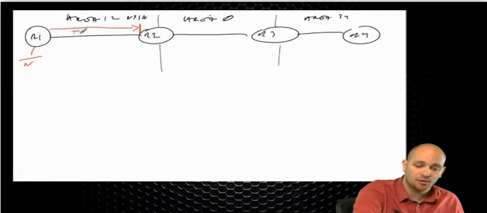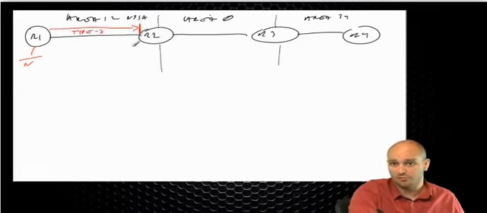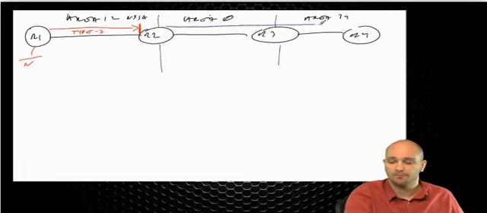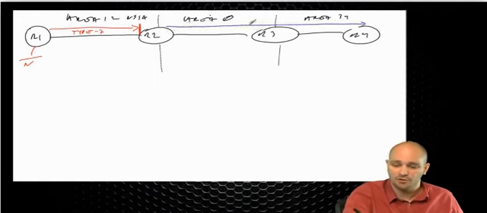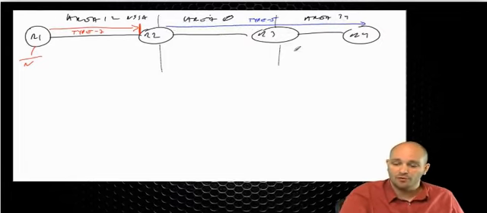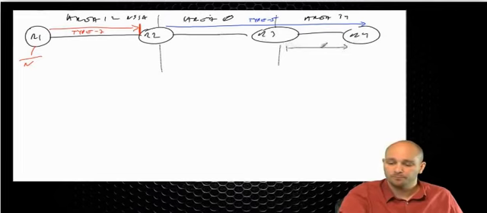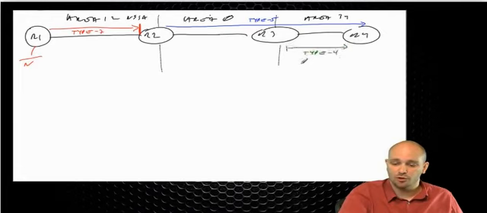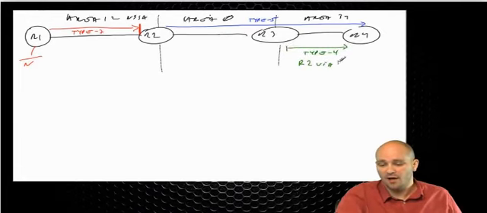So this is going to be type 7. Now, based on information from this type 7 LSA, R2 is going to inject type 5 LSA. So this is going to be type 5 LSA. In area 0, there will be no type 4, but in area 34, there will be type 4 for this, and it's going to be that R2 is reachable via R3.